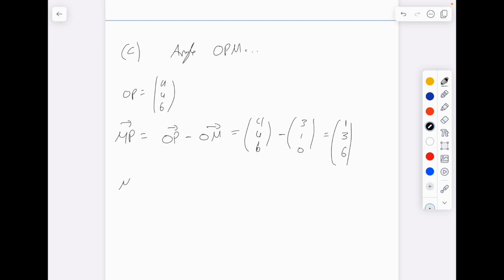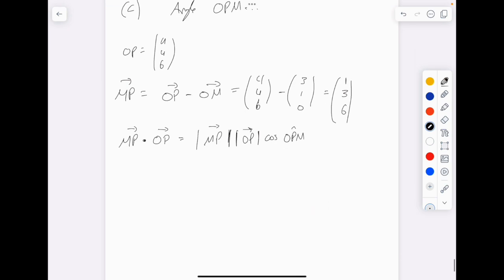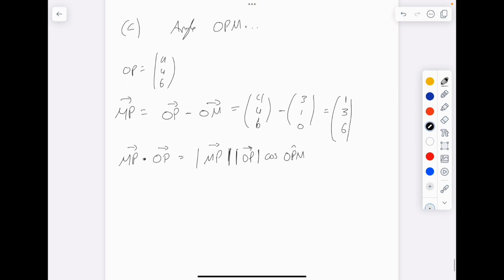So MP dot product with OP is equal to the magnitude of MP times the magnitude of OP times cos OPM. What's the dot product of MP and OP? Well, 4 plus 12 plus 36, okay, that's going to give me 52.